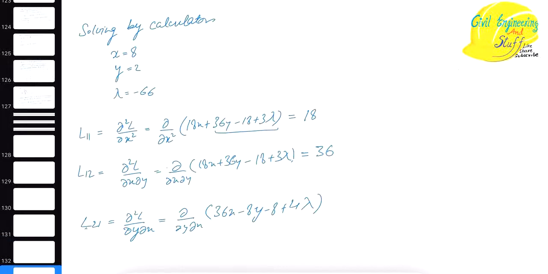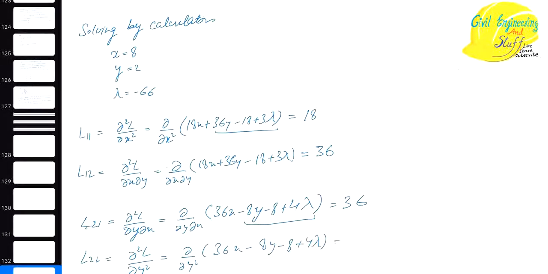On partial differentiating, we'll have the value to be 36. We are differentiating with respect to x, so all the other terms will be treated as constant and will be 0. Then we have L22. This is now partial differentiating with respect to y, of 36x − 8y − 8 + 4 lambda. So this will be equal to minus 8.